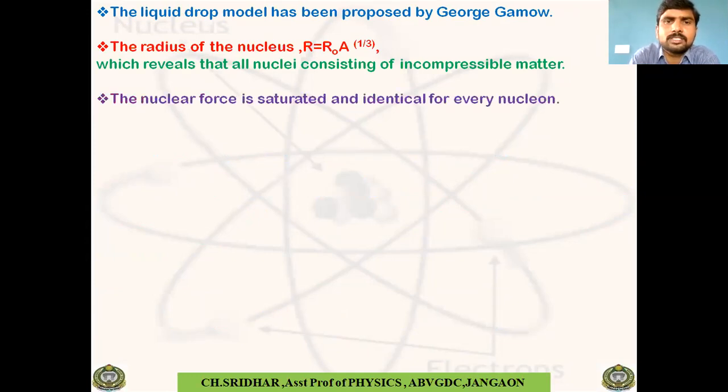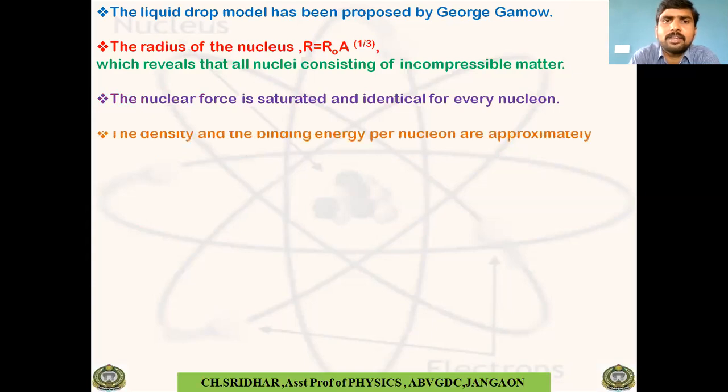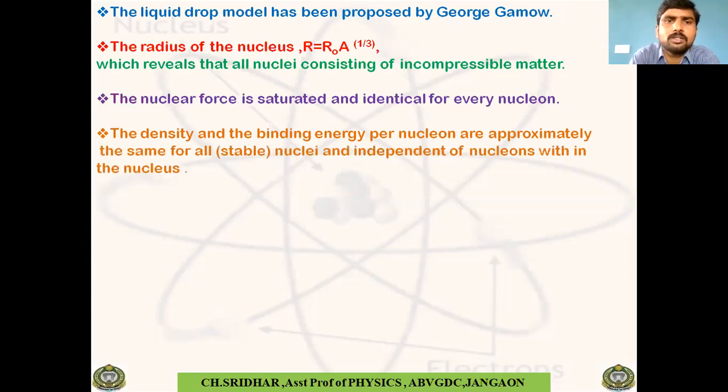The nuclear forces are saturated and identical for every nucleon. The density and the binding energy per nucleon are approximately the same for all nuclei and independent of the nucleons within the nucleus. So these are the observations made by Gamow to propose the liquid drop model.